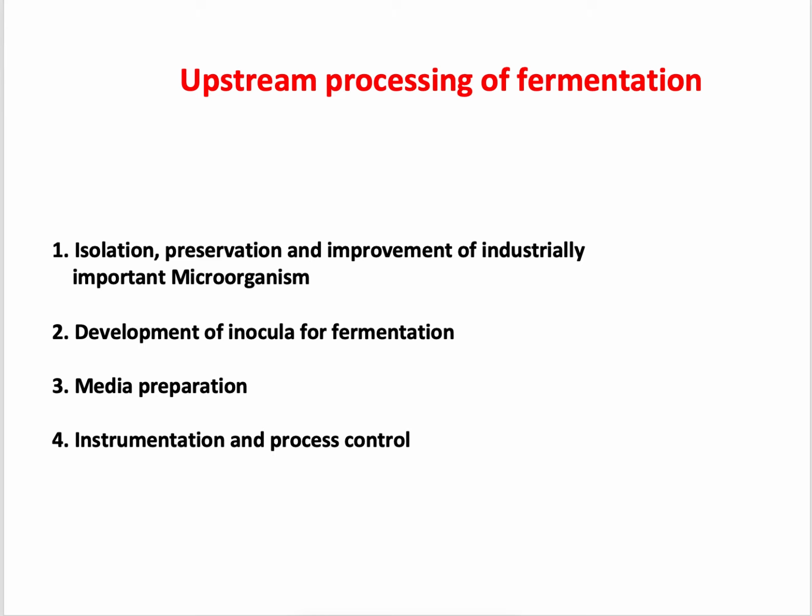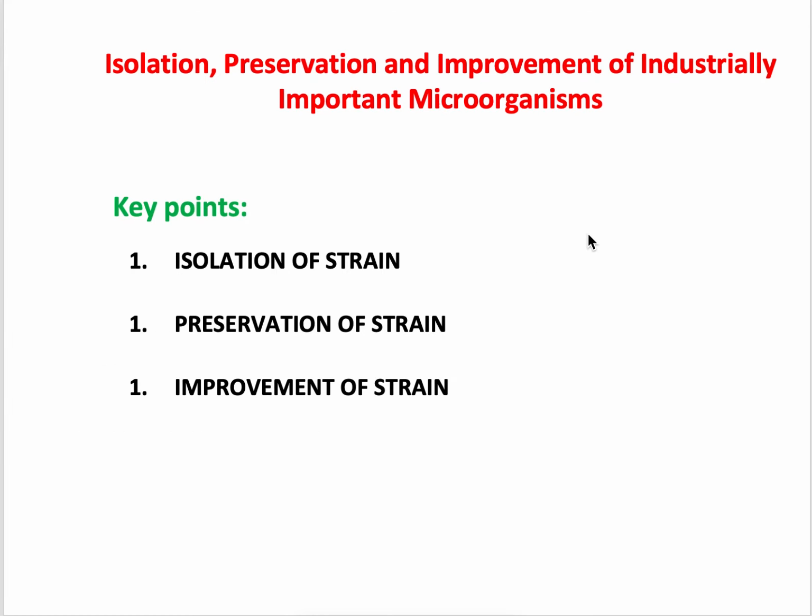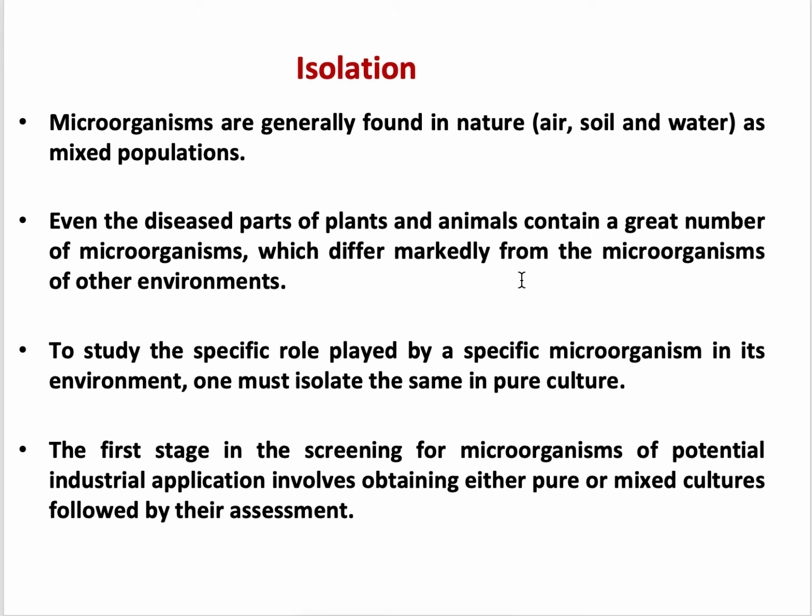So let's start with the first one, that is isolation, preservation and improvement of industrially important microorganisms. The key works that are done in these steps are isolation of strain, preservation of strain and improvement of strain. First, isolation.